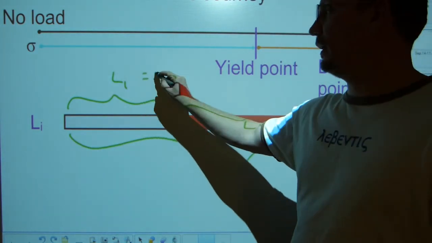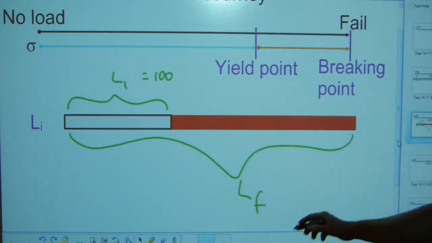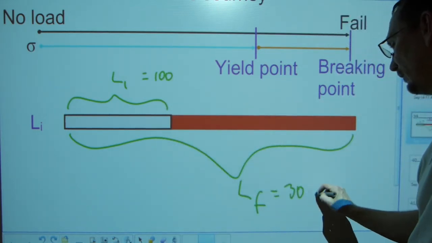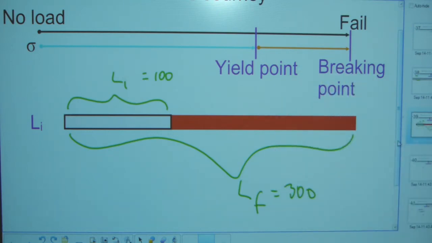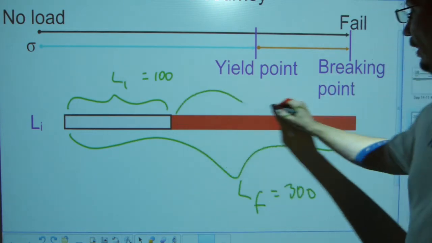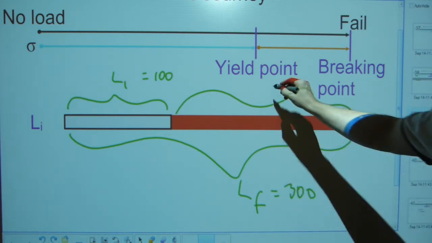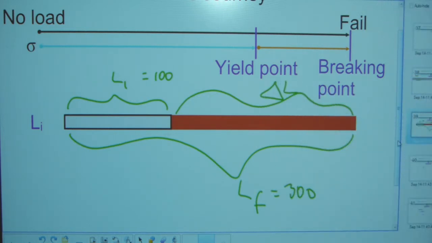See, this length initial might have been 100, just a number. This length final might have been 300 because they kind of look proportionately like just 100 and 300. Okay, and what we have here, this red section, this is the delta L. You can read delta L as delta L. You can say elongation or you can say deformation.